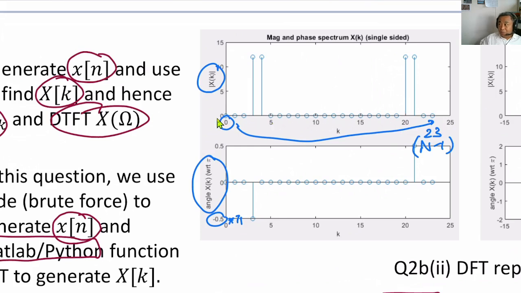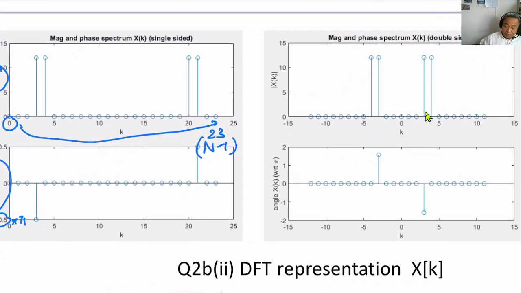I'm using 0 to 2 pi here. I can also plot 0 to pi and minus pi over here. This is the double-sided spectra. So 0, 1, 2, this is 3 here, and this is 4. This guy will be minus 3, and this guy is minus 4.